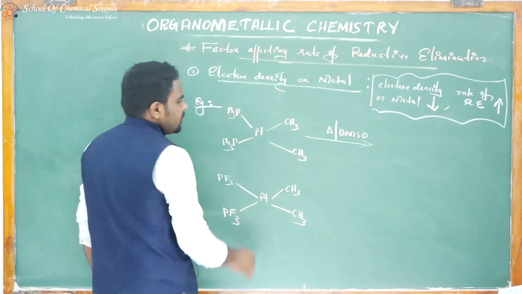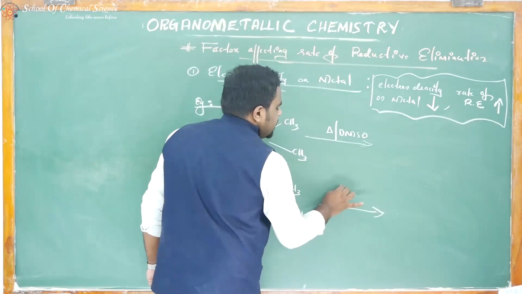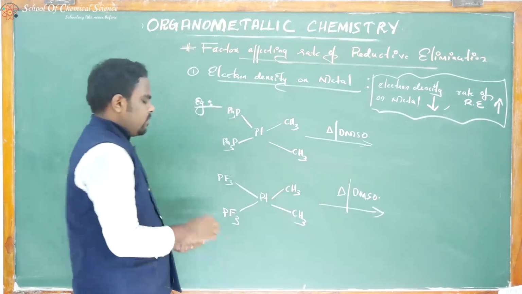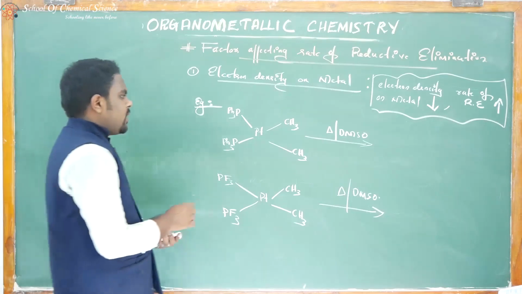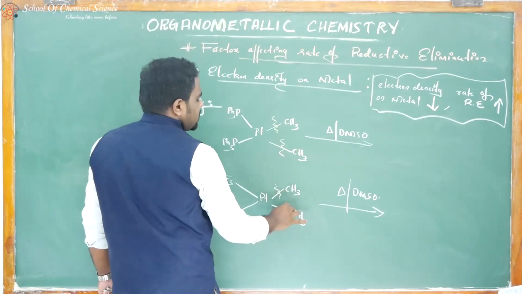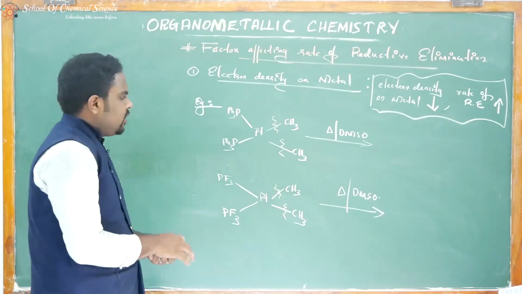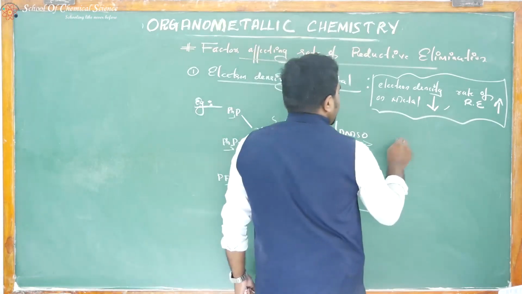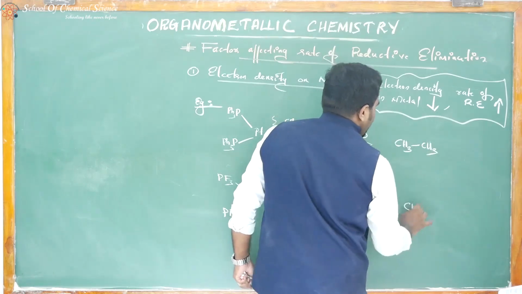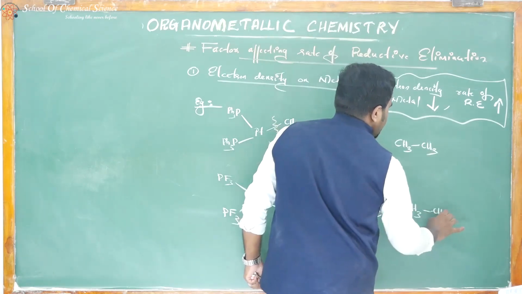PPh3 is replaced by PF3, heating in a DMSO type solvent. You know the product: CH3 and CH3 are eliminated in both, so the product will be ethane in both cases.